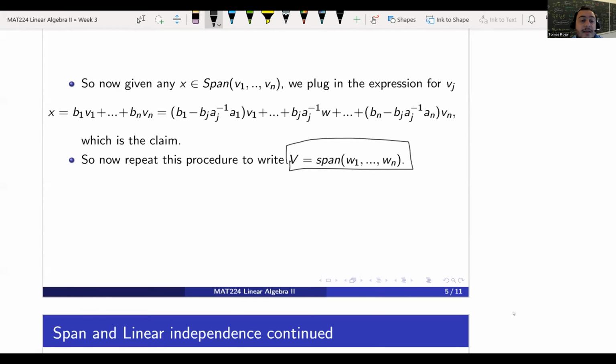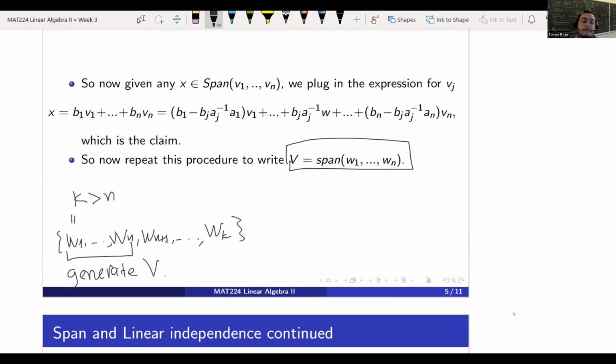Since we assume that K is bigger than N, the size of T, we showed that the first N generate V.